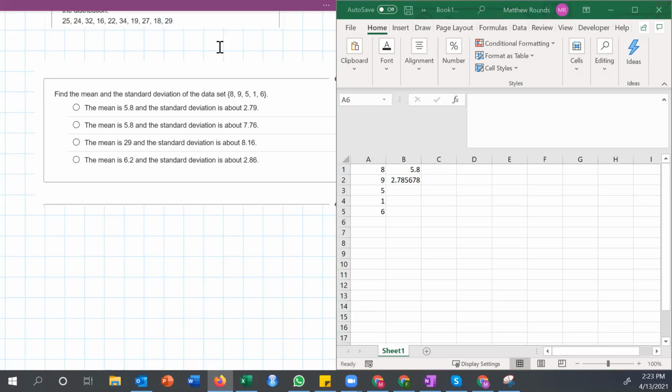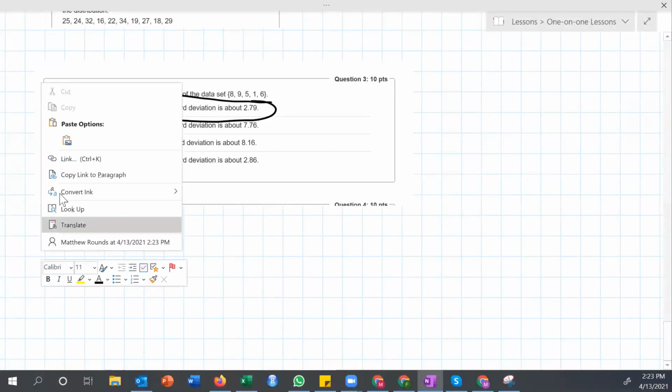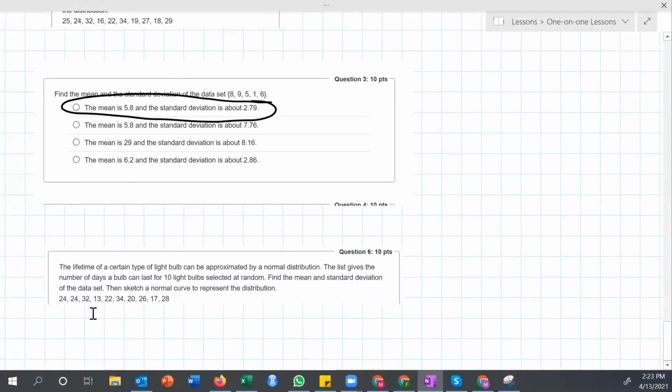I get 5.8 and 2.7. So would you say the answer is A? Yes, the answer is A. Good. The next one, I shouldn't have had you delete those values, because the next one requires them to be there. So give this one a try, please.